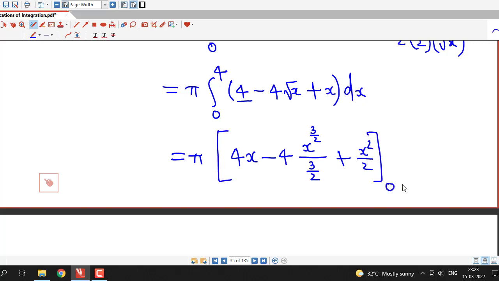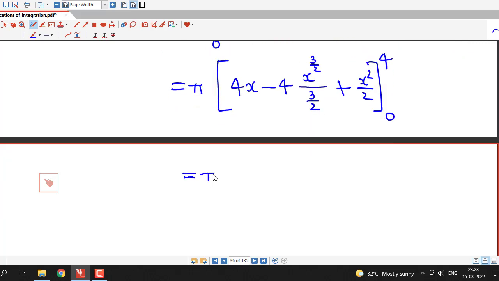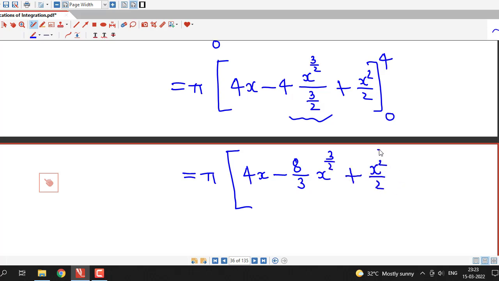The limits of integration are from 0 to 4, and before putting the limits we rewrite this second term. The reciprocal of 3 by 2 is 2 by 3, so we have 4x minus 8 divided by 3 times x raised to 3 by 2 plus x square by 2.